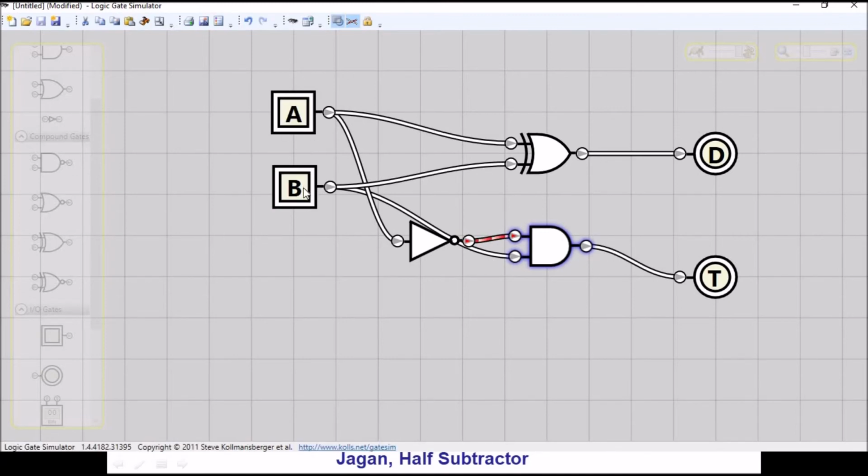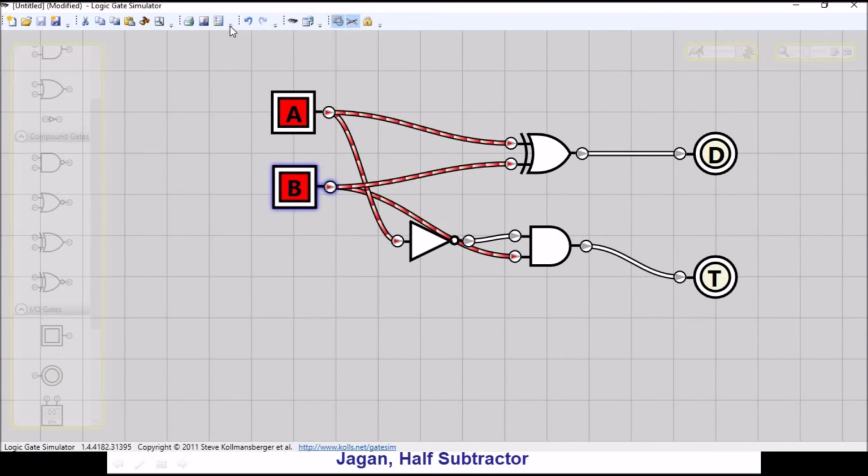If I have both the inputs 0, I get 0 0. If I make it 0 1, I get the difference 1, and also borrow 1. And if I make it 1 0, I have the difference, but I don't have the borrow. If I have both the inputs on, then my difference would be 0. I don't have any borrow, right? So this is how you verify the truth table of the half subtractor with the logic gate simulator.